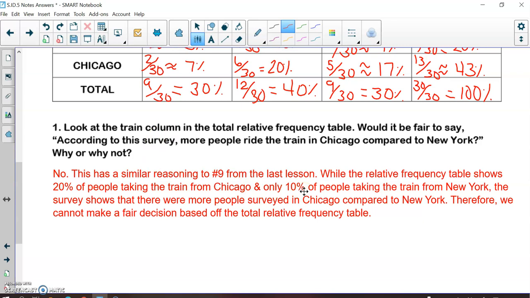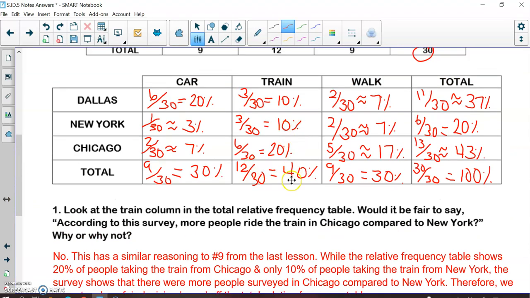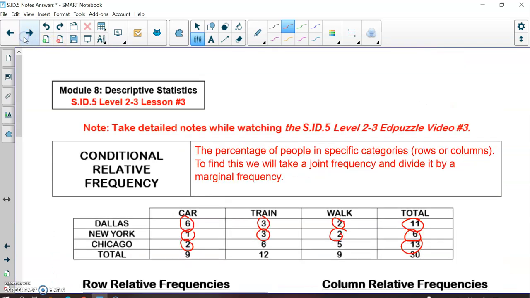because we couldn't determine whether more people rode the train in Chicago compared to New York. These percentages reflect the percentages based off the total amount of people surveyed. And since there were more people surveyed in Chicago compared to New York, we can't make that judgment of what the percentage of people realistically took the train in New York compared to Chicago.